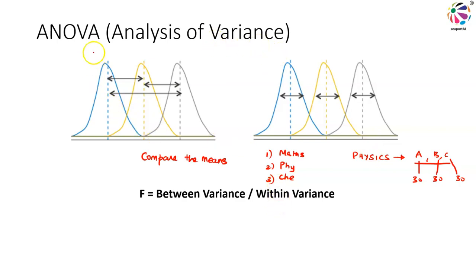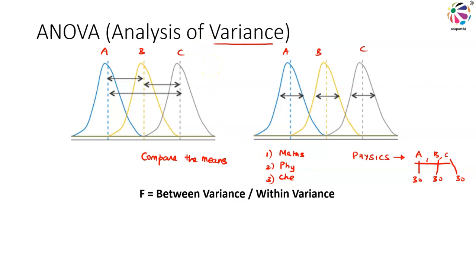So I have three groups. Let's call this A, B, C. I try to answer the question whether the average of A, B, and C will be the same or different by studying variance. You may ask this question: we are talking of studying of means, why are you using analysis of variance?